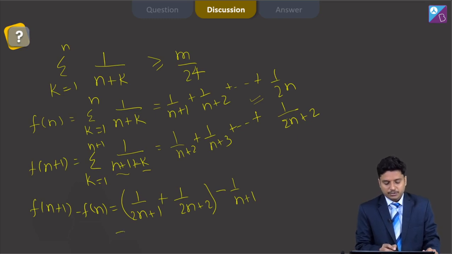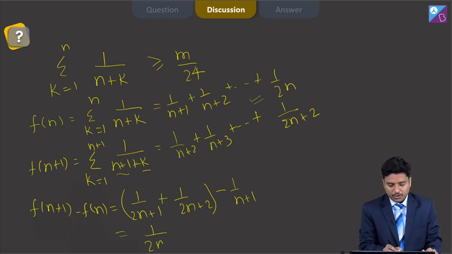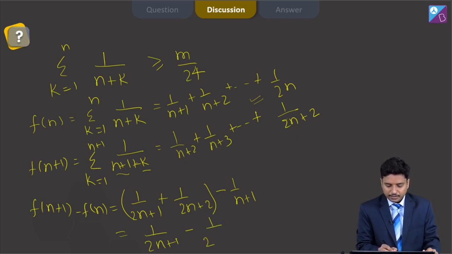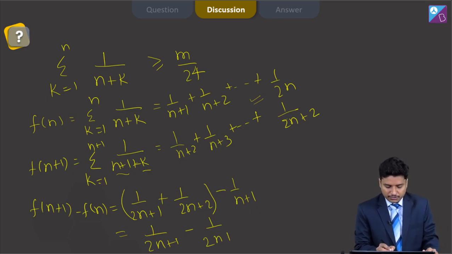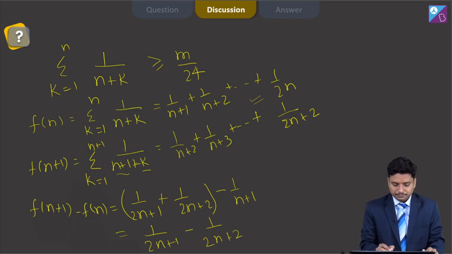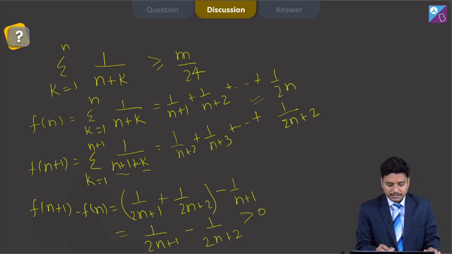If you sum these quantities, this will be equal to 1 upon 2n plus 1 plus 1 upon 2n plus 2 minus 1 upon n plus 1, which is equal to 1 upon 2n plus 1 minus 1 upon 2n plus 2. So again you can say that this quantity is positive. So f(n) is an increasing function, as f(n+1) minus f(n) is positive. That means f(n) is basically an increasing function.